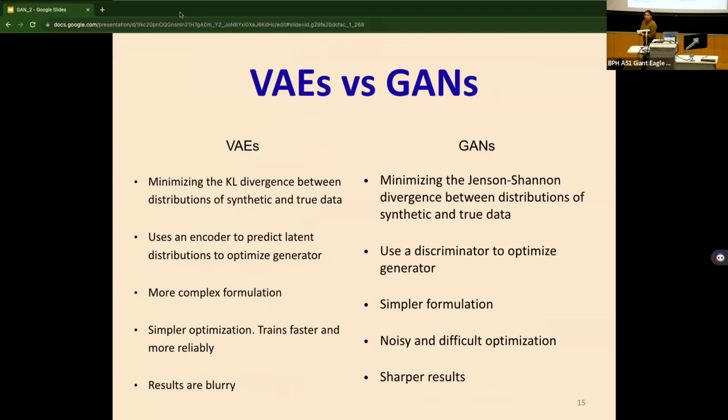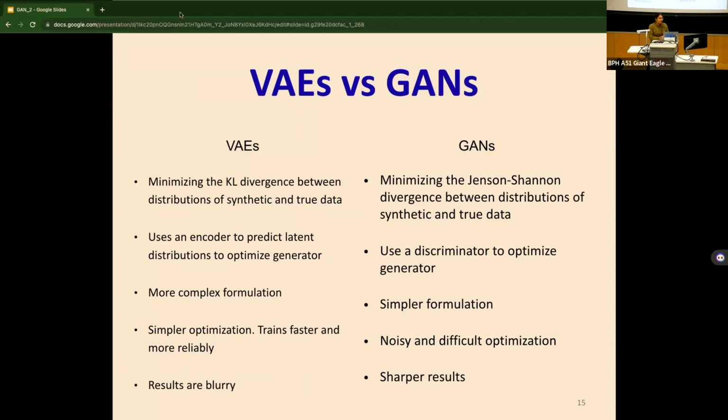So again, a quick recap on the difference between VAEs and GANs. Of course, we saw that VAEs have no capability of identifying exactly whether it's a human face or not, but GANs can. But apart from that, a very important difference is that VAEs make use of KL divergence, and that's what they minimize. But GANs make use of the JS divergence, and that's what they minimize.